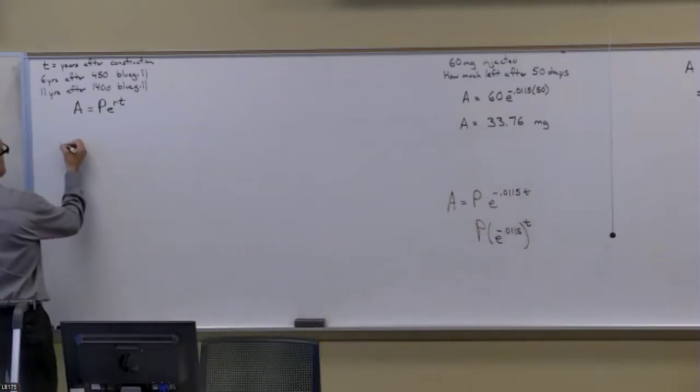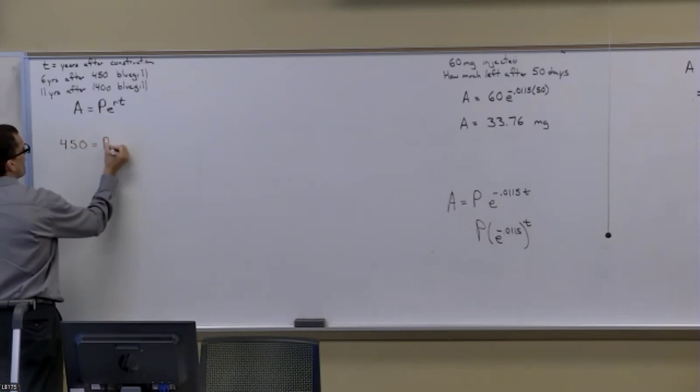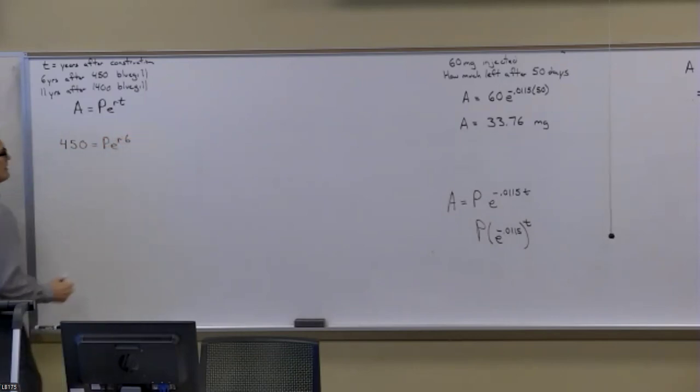That tells me that the amount that's in the pond six years after, so put a T as 6, is equal to 450.